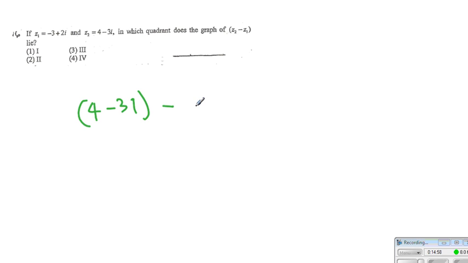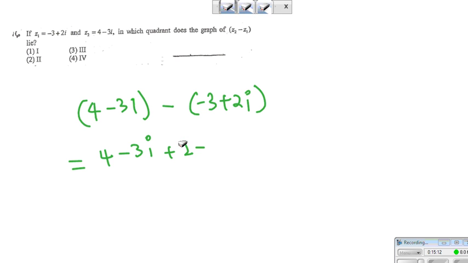Z1 is negative 3 plus 2i. Now here we have 4 minus 3i, and then plus 3 and then minus 2i. So if you combine them together, we will end up getting 7 minus 5i.